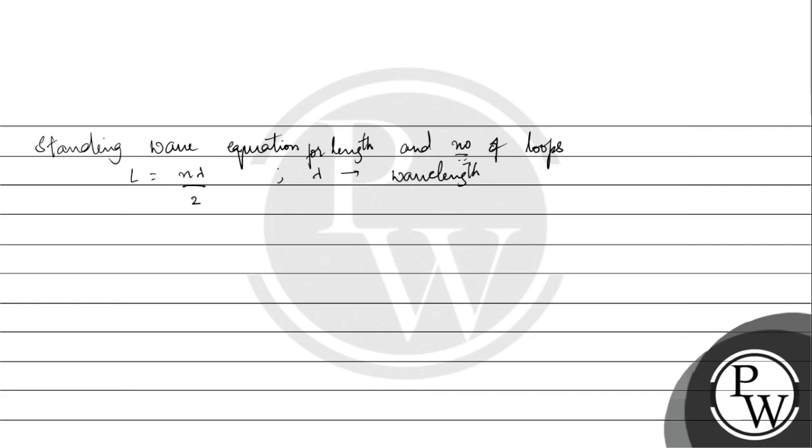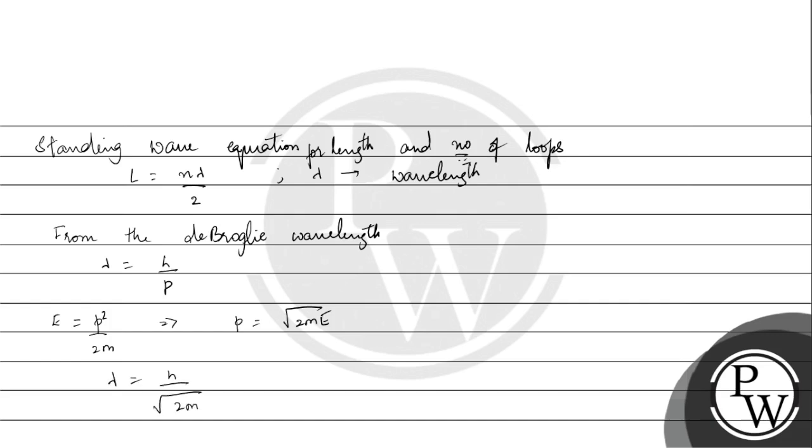So using the de Broglie equation, हम ये लिख सकते हैं कि lambda is equal to h by p और क्वेश्चन में ये दिए है कि the energy is given as p squared by 2m. So therefore we can write p is equal to square root of 2mE. तो इस p के इक्वेशन को हम lambda में सब्स्टिट्यूट करेंगे.